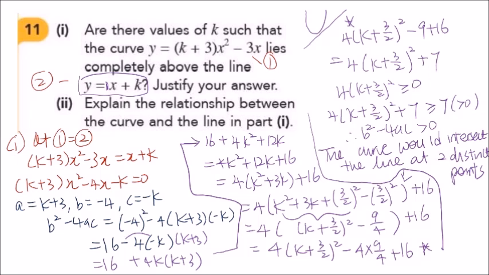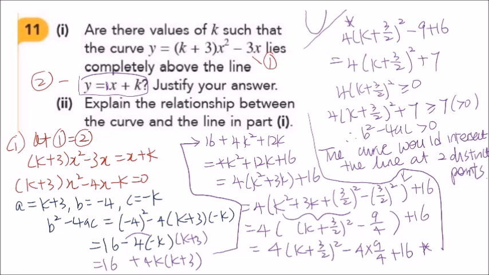So therefore, if you want the curve to be lying completely above a line, it will not happen, because we just proved that the curve will intersect the line at 2 distinct points, because the value we get for b squared minus 4ac is more than 0.